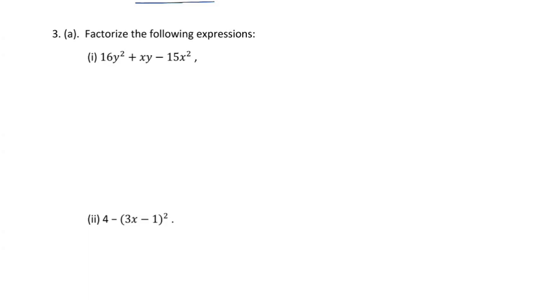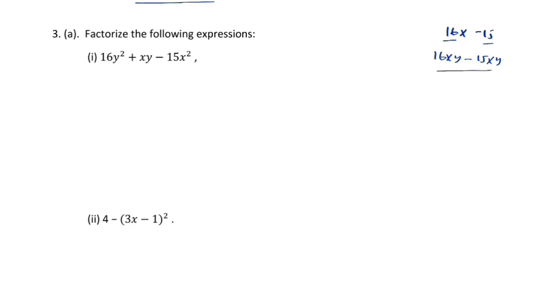First let us take the product of the coefficients of y squared and x squared, which are 16 and negative 15, and then we look for the two factors from this product that can be added to give the coefficient of xy, which is 1. The product is 16 times negative 15, and the two factors are 16 and negative 15. Then we can split the middle term as 16xy minus 15xy.